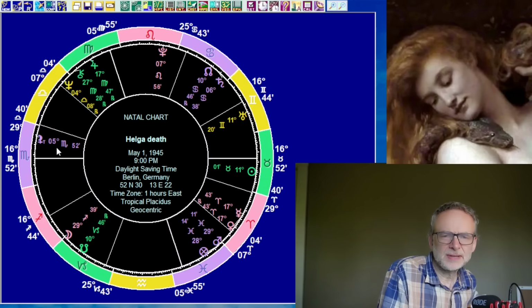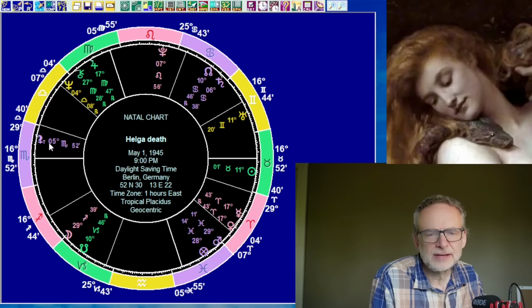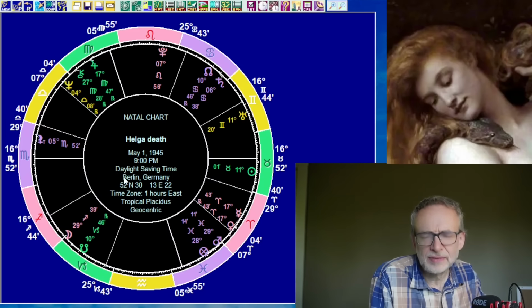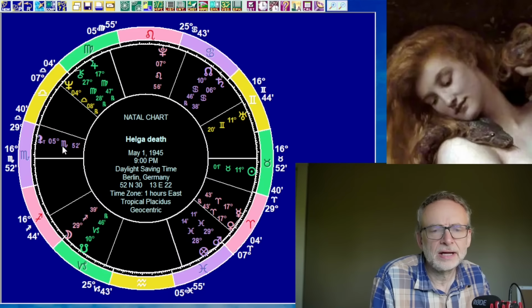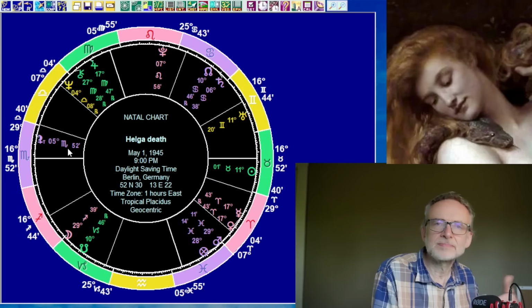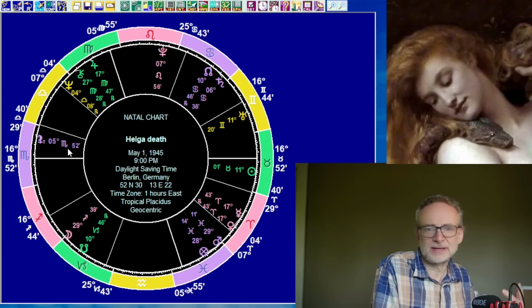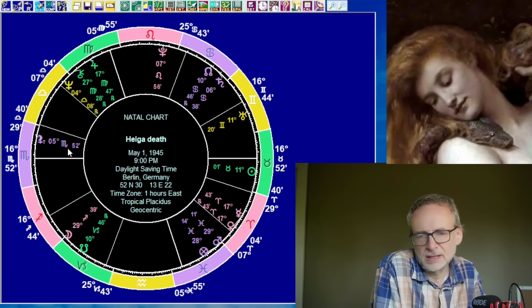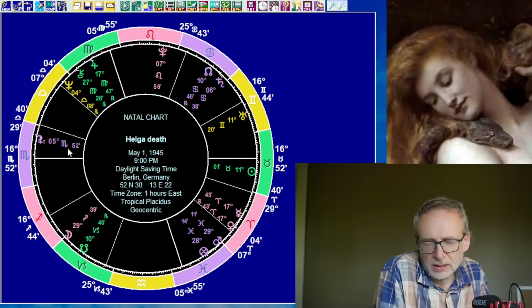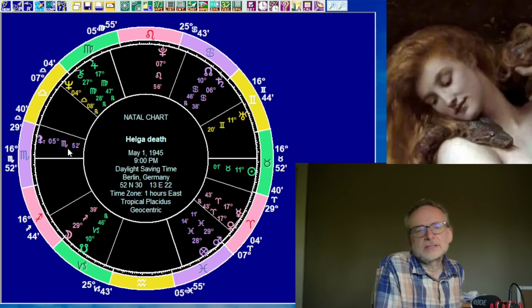And I'm not saying Lilith in itself is particularly important here, but in terms of its position, there's Lilith in Scorpio at the time of this. But of course, there were so many other bad things happening in the world. So why should this be focused on Magda Goebbels' family?